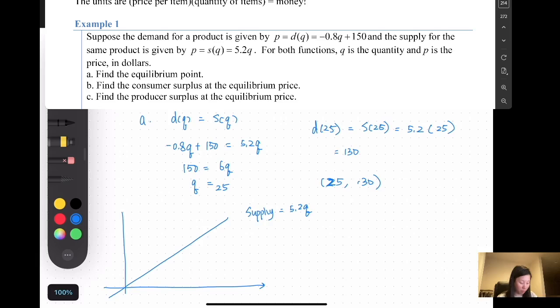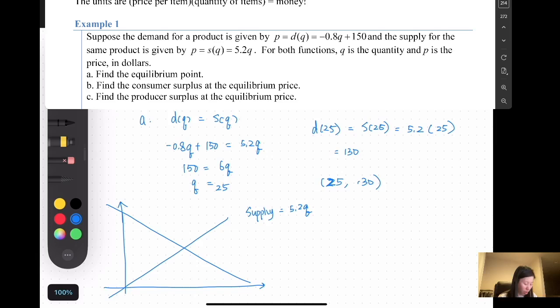And we have the demand function. The demand function is going to be a decreasing function, and this is going to be negative 0.8q plus 150. This is our demand function. And then the equilibrium point is at 25 and 130.